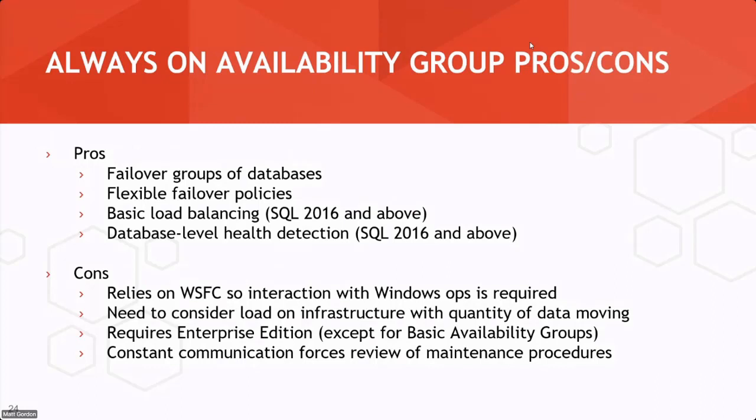Another thing it has is database level health detection. So everything we've talked about so far is in groups. And if one database in the group fails over, they all go. But one thing it didn't used to have is that if one database in the group had an issue and you didn't have a failover policy specifically set for this, you could have a database in the group go suspect.